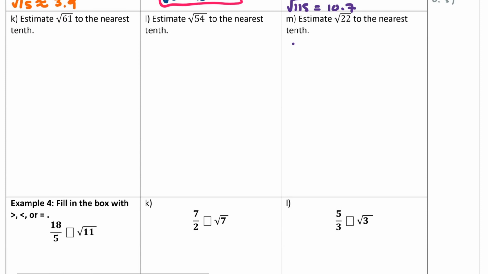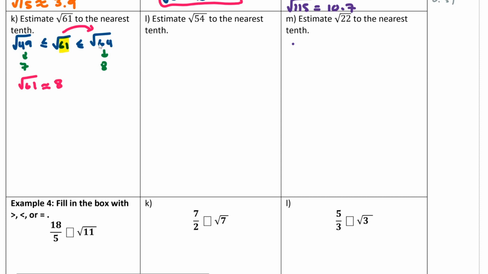Alright, estimate the square root of 61 to the nearest tenth. So the square root of 61 is less than the square root of 64, that will be 8 times 8, and 7 times 7 is 49. Okay, so the square root of 49 is 7, the square root of 64 is 8. 61 is closer to 64, so the square root of 61 is approximately 8.